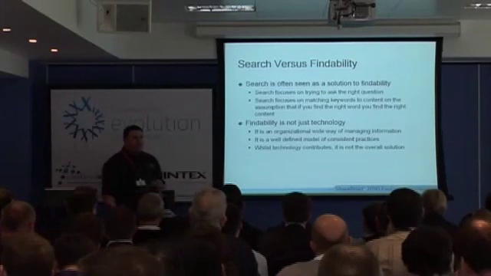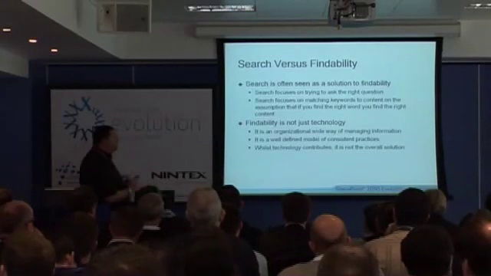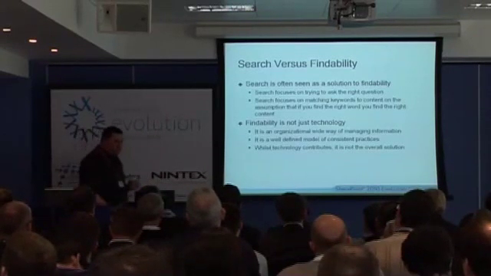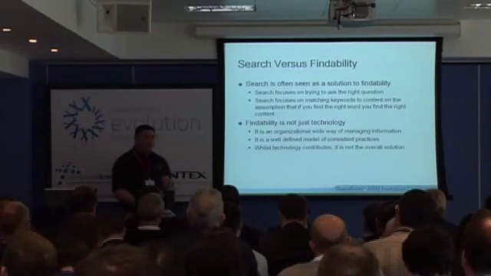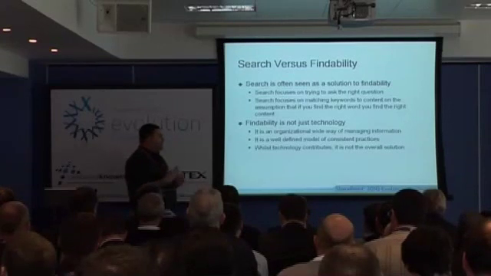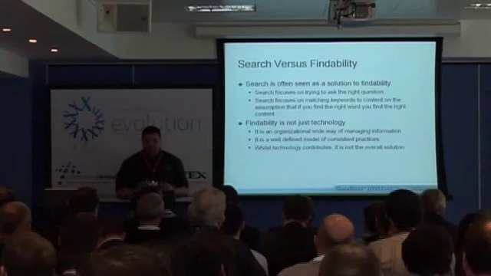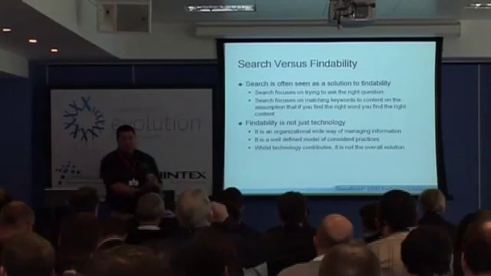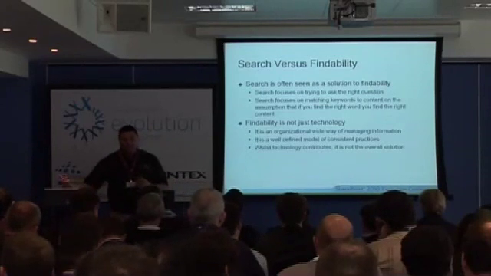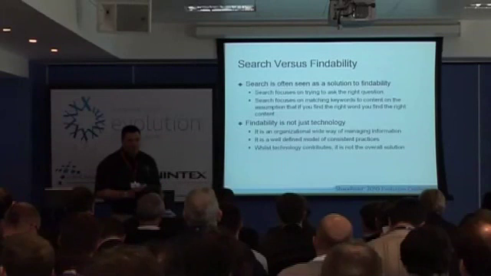Well, search only works if you know what to look for. Search is focused on you trying to find the information based on essentially knowing keywords that match that document. So you need to know either information or words or metadata that is within the document itself, or held as metadata alongside that document within SharePoint document libraries.